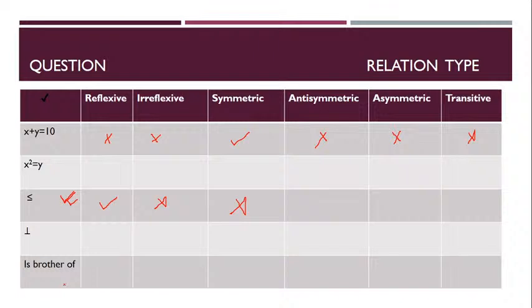Fine. So next, anti-symmetric. Just because it is not a symmetric relation, from A to B there are no bidirectional edges coming. Yes, self loops are coming true, and self loops are allowed in case of anti-symmetric as well. So that is the reason we can say it is anti-symmetric, isn't it?